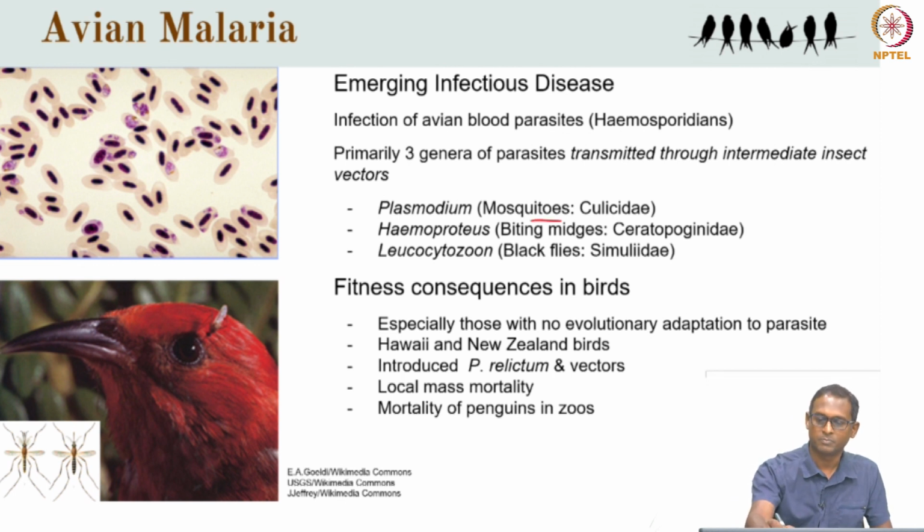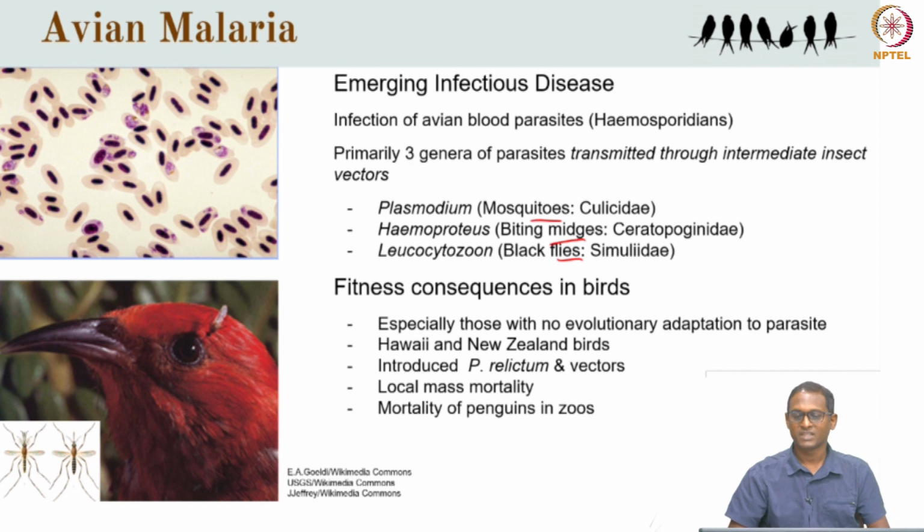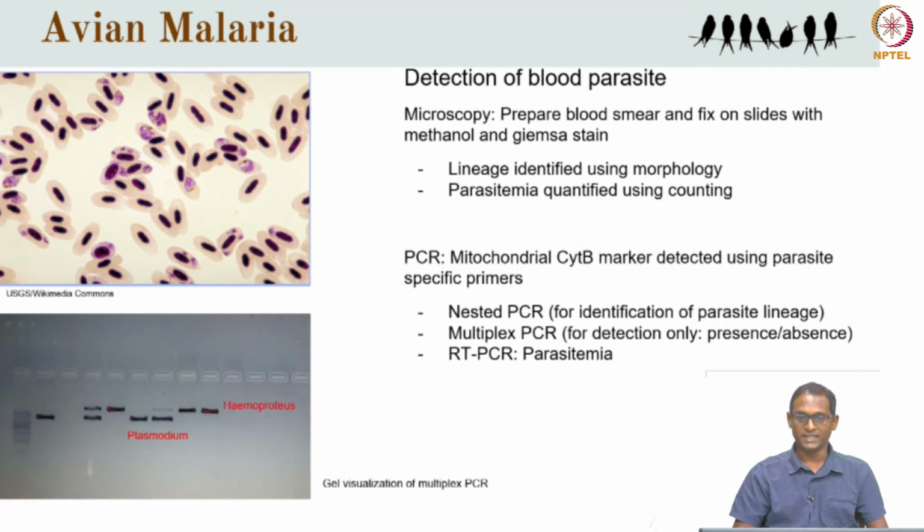They can be mosquitoes, biting midges and black flies, and it is important because it has a big consequence on birds. In populations that are not used to these parasites, when they are introduced there, especially Plasmodium relictum in New Zealand and Hawaii, there was a lot of local mass mortality.